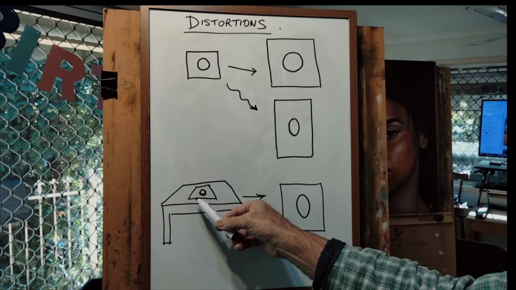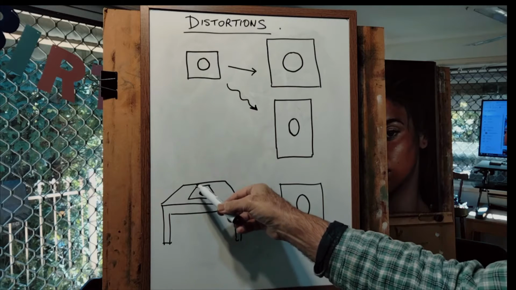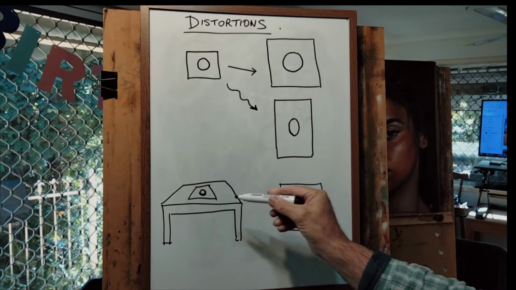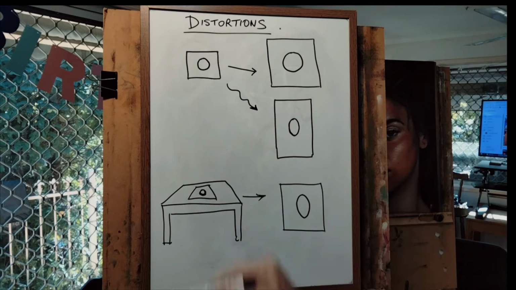You're seeing the front edge looking bigger than the back edge. So if you then draw something, you're drawing a circle, and from this perspective it appears to be perfect.